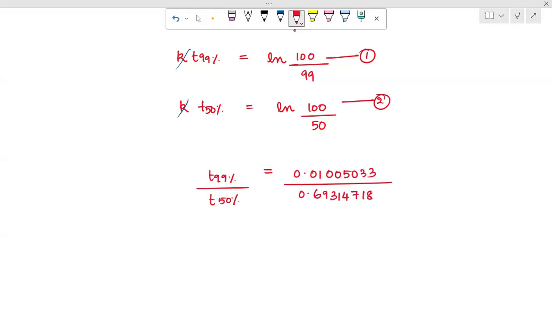I'm taking these many digits because it is in natural log, and the more you approximate, the more error you create. So let's try to find the value. 0.01005033 divided by 0.6931478.